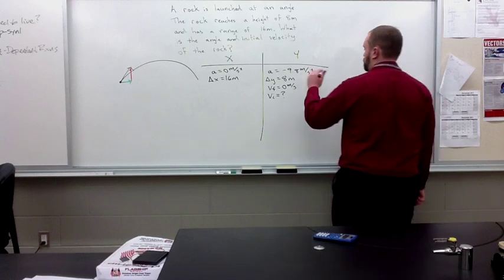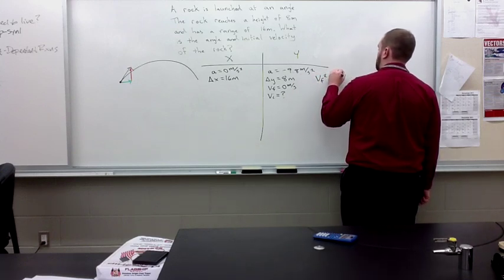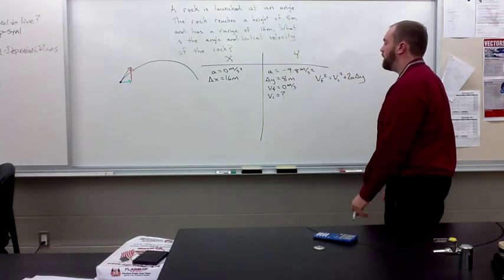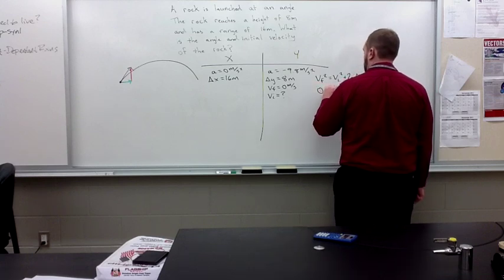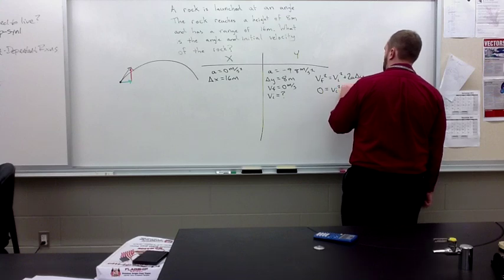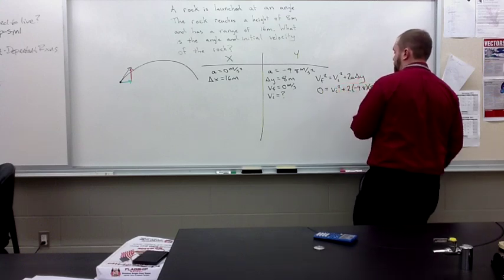We could use final velocity squared equals initial velocity squared plus 2a times delta y. So this would end up saying 0 equals initial velocity squared plus 2 times negative 9.8 times 8.